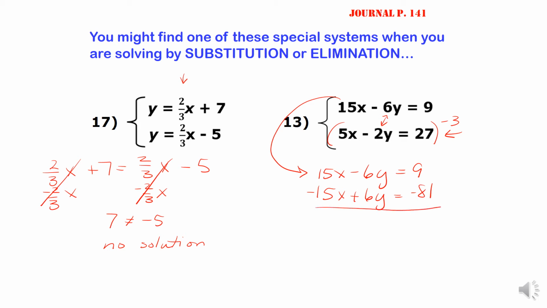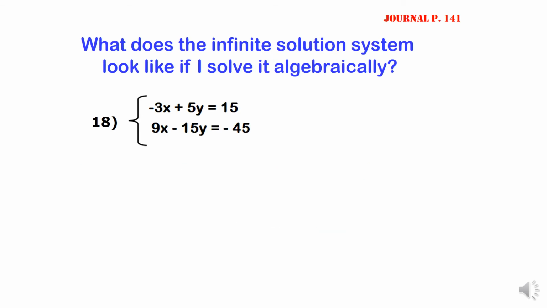Then I add, but oh no, all my x's are gone, all my y's are gone, and I get 0 equals -72, which is not true, so this is no solution. So if all the variables disappear and you're left with just numbers, if they are not equal, then there are no solutions.